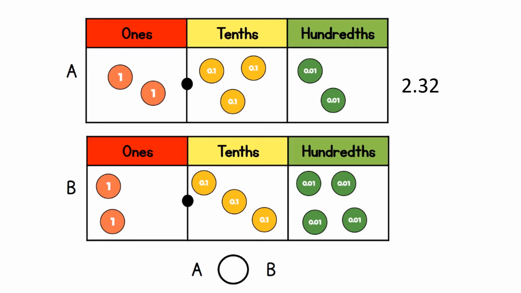First one, 2.32, and the second one, 2.34. As the ones and the tenths are the same for both, we look through the hundredths and we can see that 4 is greater than 2. So the symbol that we would put is this. B is greater than A.